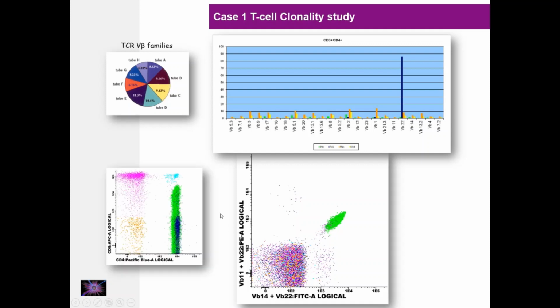In this case we can confirm that the 2 clusters we previously identified in the LST automated tube analysis both belonged to the same V beta 22 family, not only the CD4 positive CD8 negative clone, but also the CD4 positive CD8 positive DIM clone. So both clones were in the same family, the same clone, and this was the same disease.